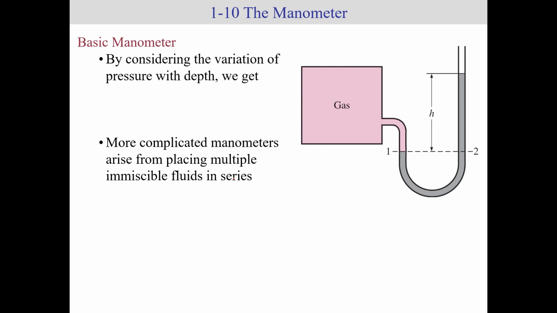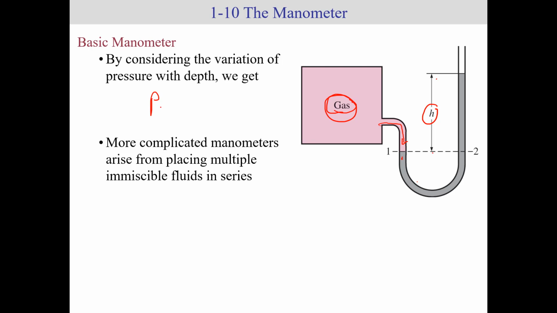So you probably heard of a manometer. If you haven't, a manometer is a device that's used to measure the pressure of, for example, a pressure vessel. So let's say I have a tank, there's gas in it. The tank is going through this tube, pushing on another fluid, causing the fluid to have a height here. This height is a representation of the pressure inside the tank.